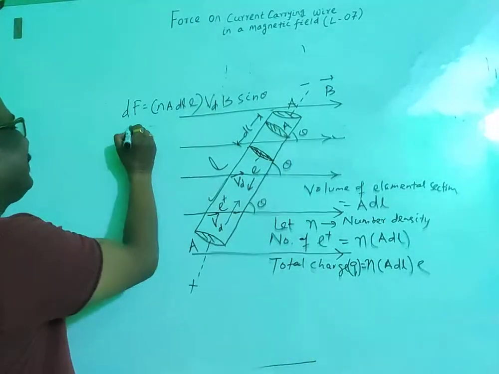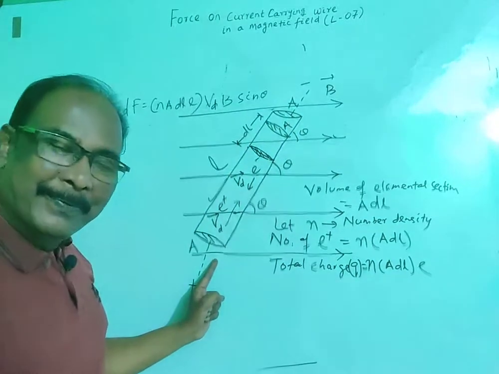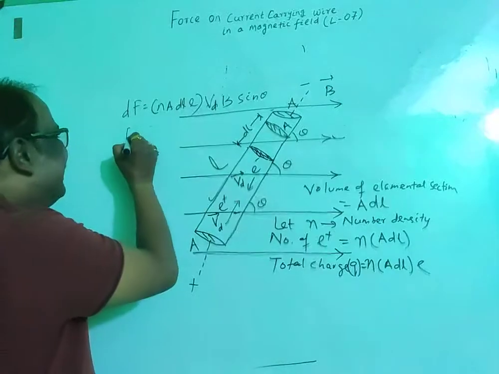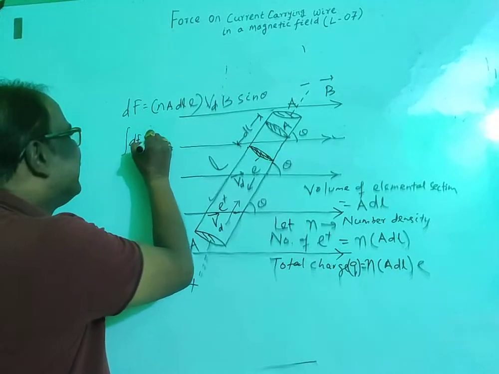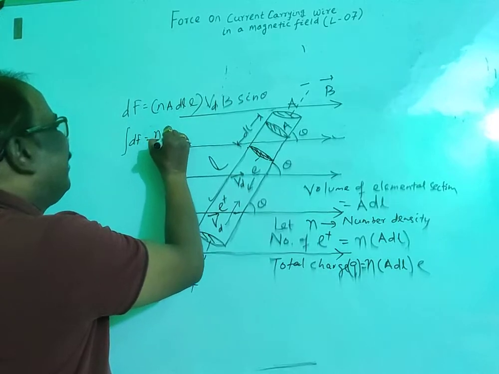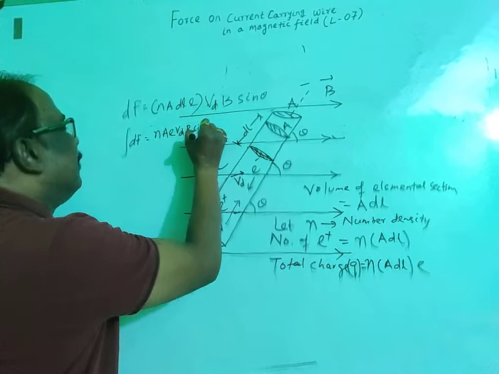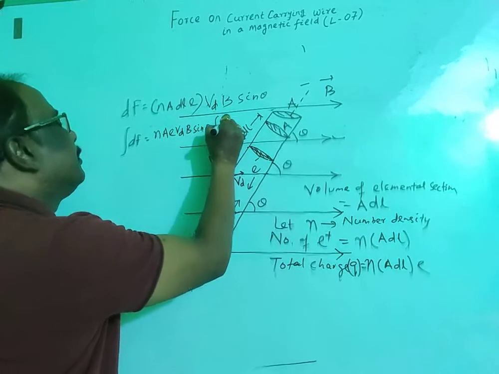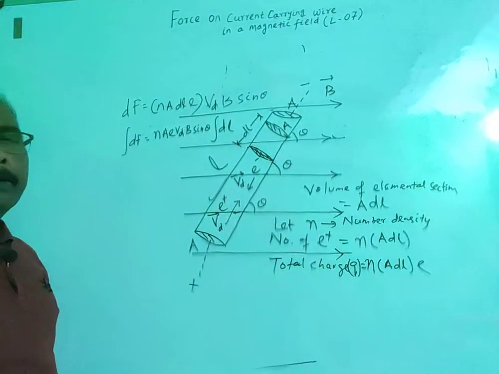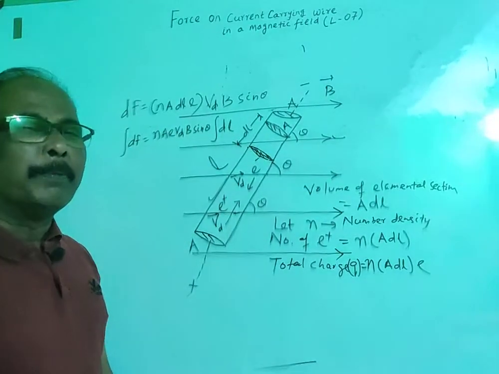Okay. Then to get the total force, that means the total force on the total length of the conductor, let's integrate both sides. Integration of dF is equal to n A e v_d B sin theta. All are constants, and then integration of dl. What is integration of dl? It is very important, of course.